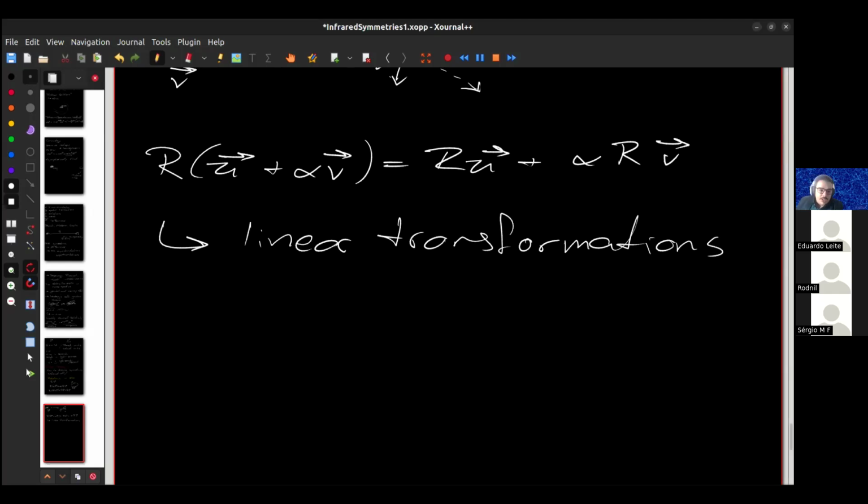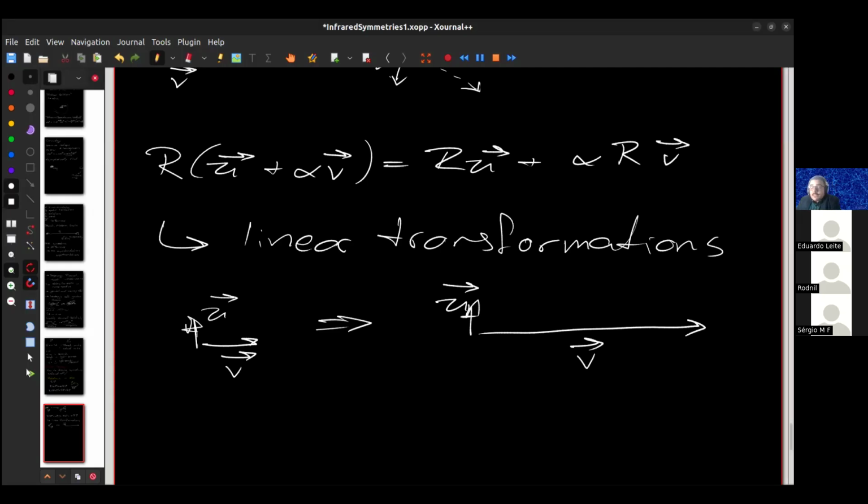So for example, suppose I have here again these vectors u and v, and I consider the linear transformation that takes u to the same vector, but stretches v. This is certainly not a rotation, although it is linear, which means that I must impose some more conditions to distinguish rotations from general linear transformations.